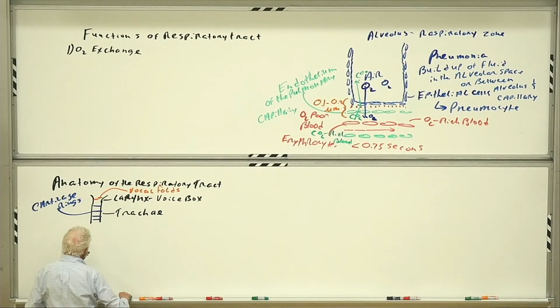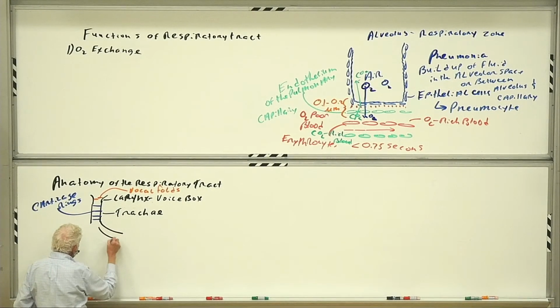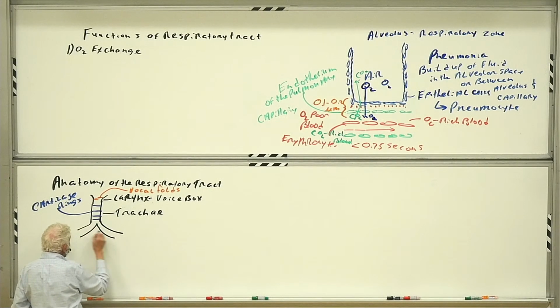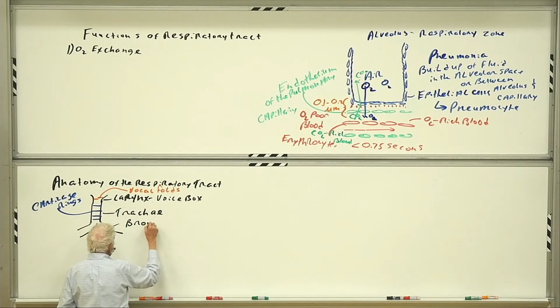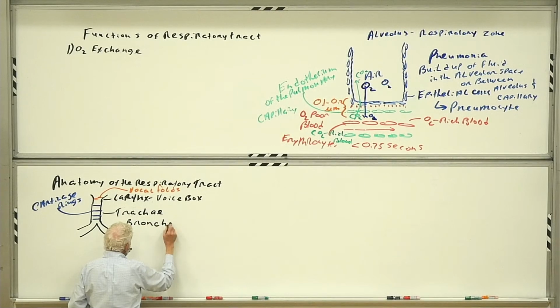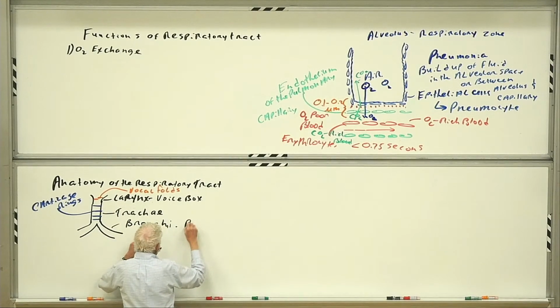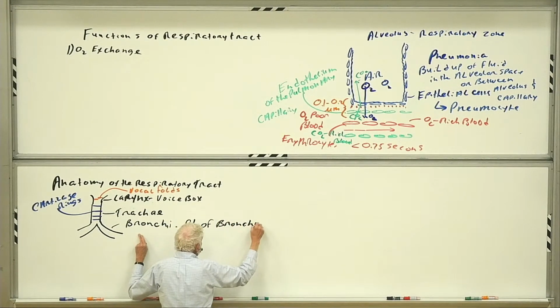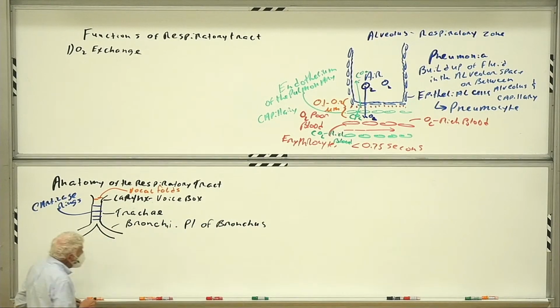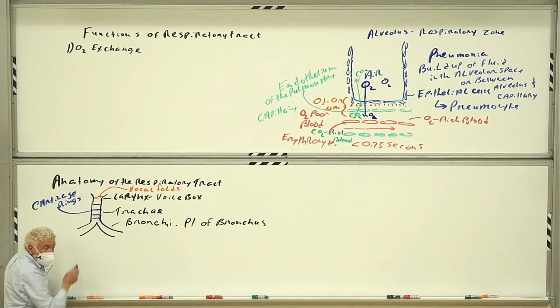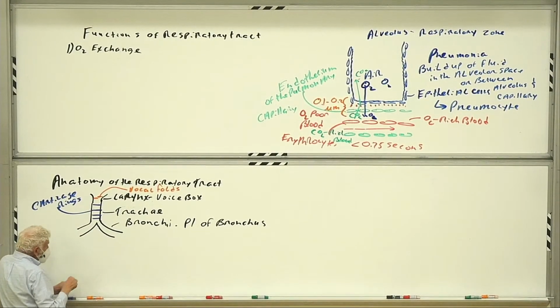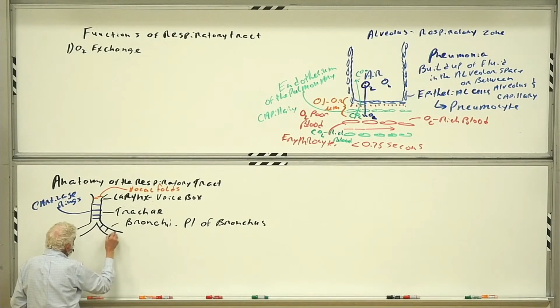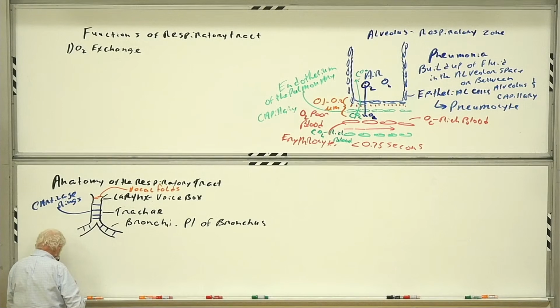And then the single tube of the trachea branches into structures called bronchi. Bronchi is plural of bronchus. So we have these two bronchi branching off from the single tube of the trachea. These two are going to be ringed with hyaline cartilage.